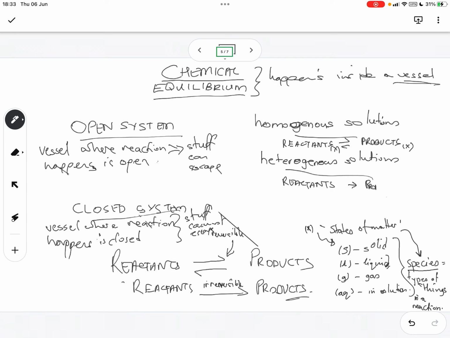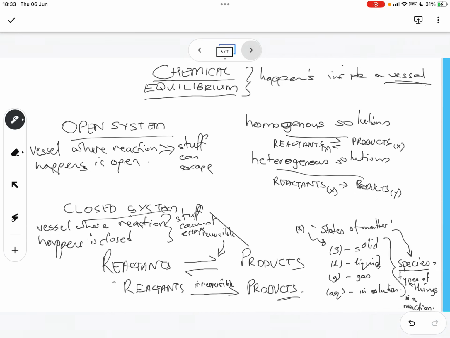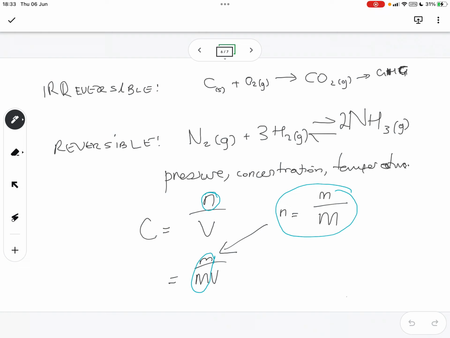But in other cases, you will find that between reactants and products, the phases of matter or the species are different. For example, if you burn carbon, you mix solid carbon with oxygen gas, and that gives you carbon dioxide gas, which is also a greenhouse gas.